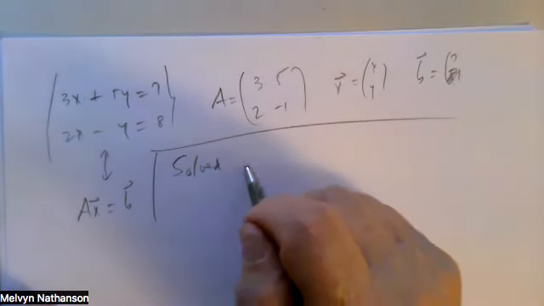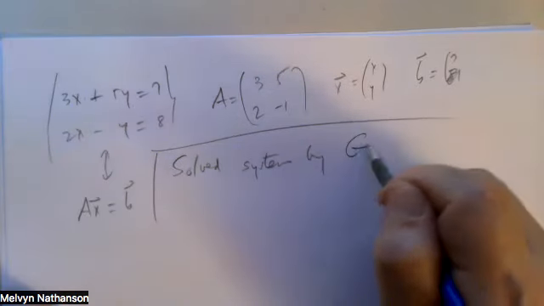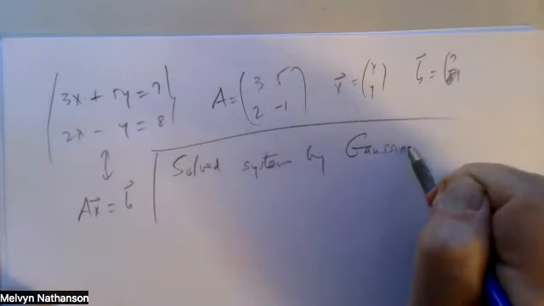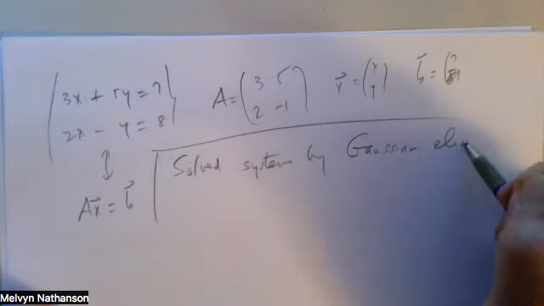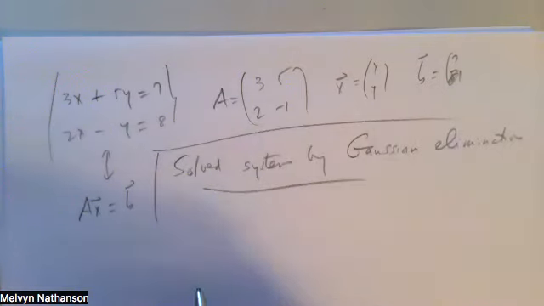Now, in chapter 1, we solved a system of equations by Gaussian elimination. And I'm going to show you now how to do Gaussian elimination using a matrix, which is a little bit computationally more efficient.